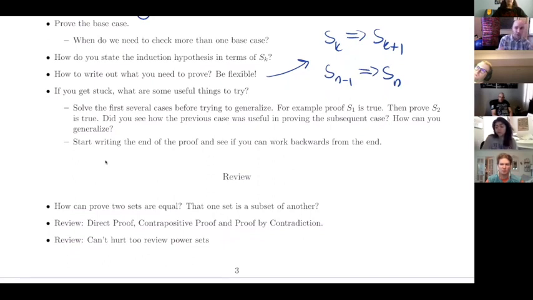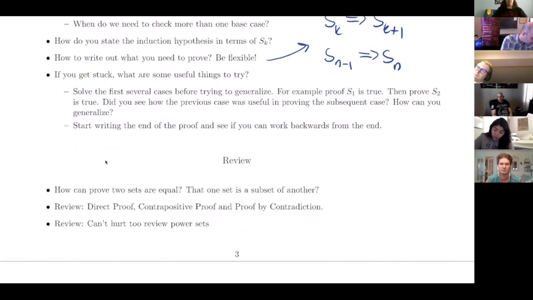We still are working with sets because that's really what equivalence relations are. So knowing how to prove two sets are equal or subsets of each other is useful. And it can't hurt to take a look at power sets, since I think that's still something that people are getting comfortable with.